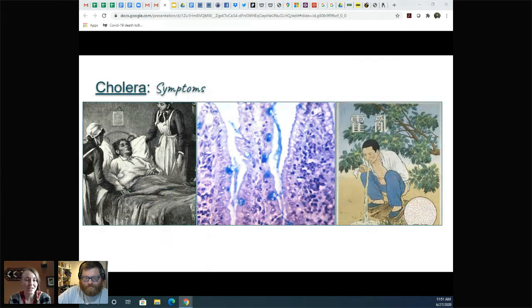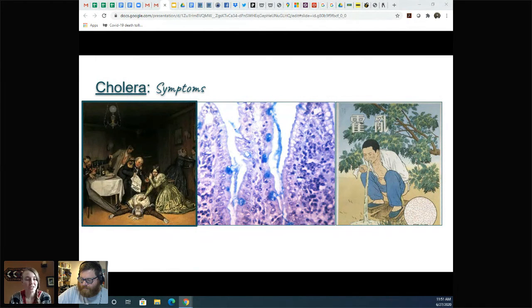So cholera, the bacteria, once it gets inside of your gut, starts to destroy the lining of your intestines, and the toxin creates an environment where your food and water, all of that nutrition, instead of moving from the inside of your gut into your body, actually starts to move the other way.